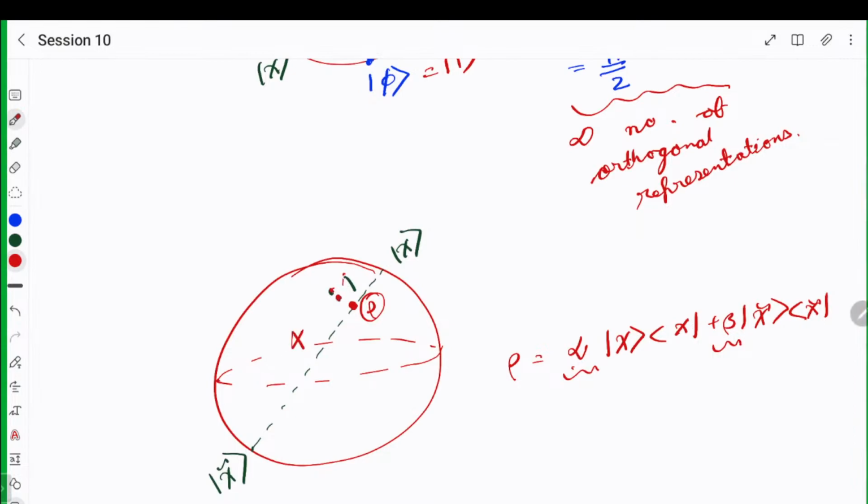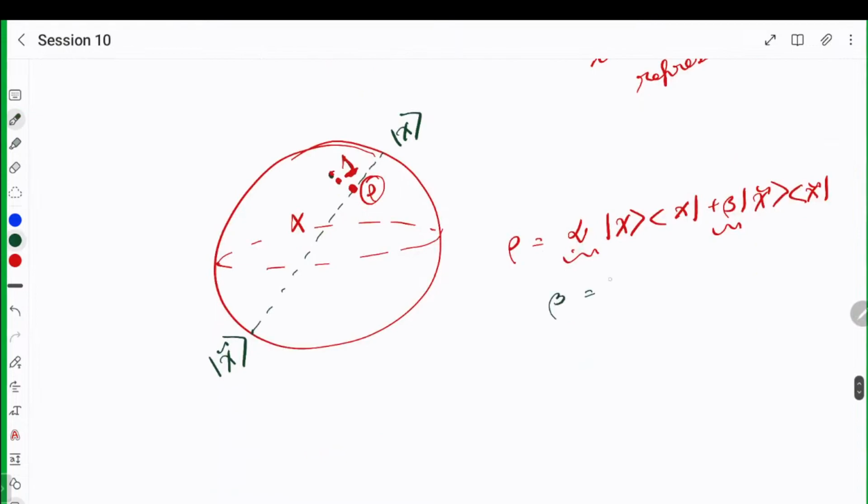Okay, the ratio is 4:1. Okay, so Rajrupa is saying that beta will be 1 and alpha will be 4.